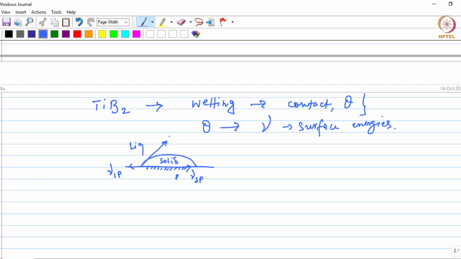And here of course you have the solid liquid interfacial energy, and this is the contact angle. Okay, so from here you can see that it depends on gamma LP and the other two surface energies through this particular relationship which comes from the balance of forces.